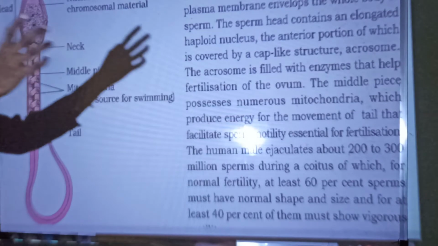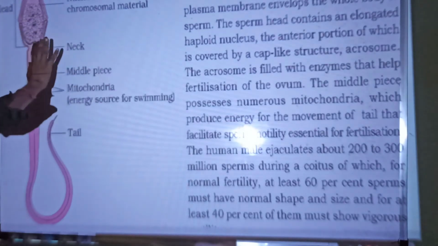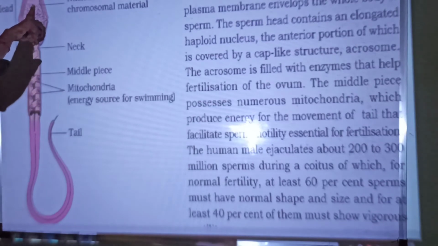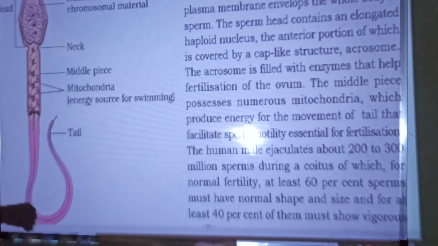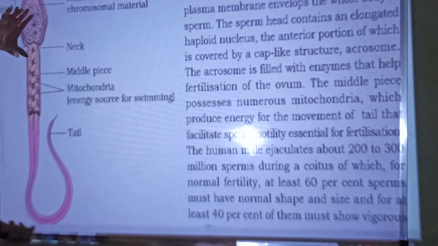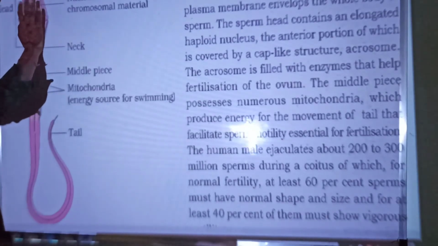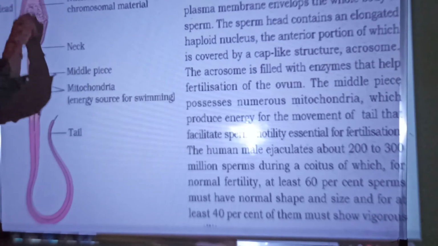Okay. So where in the sperm is the nucleus present? Of course, it is present in the head region, but then it has to be continuously supplied with energy also. Important term, okay? The head of the sperm is a place where the nucleus, which has the chromosomal material, is present.